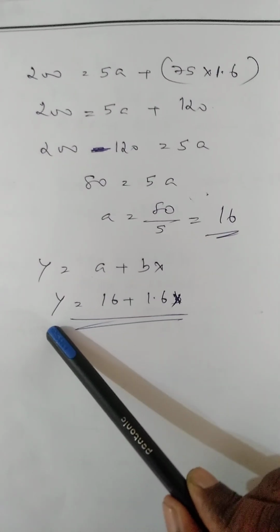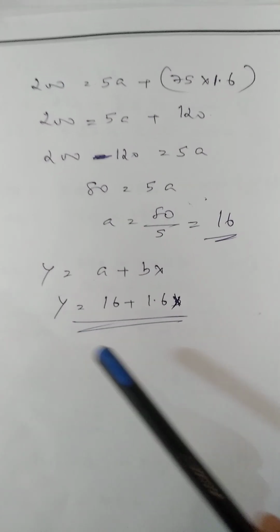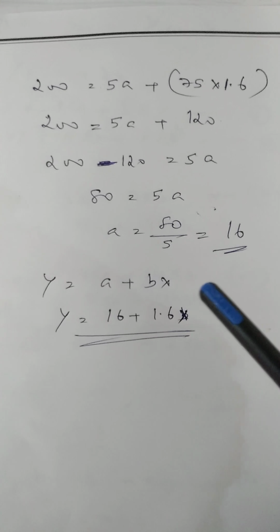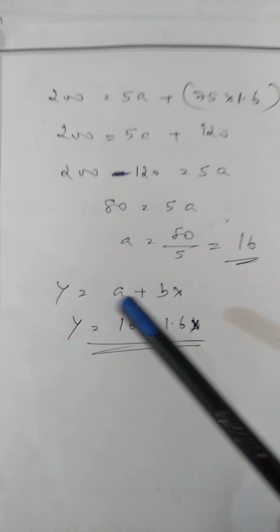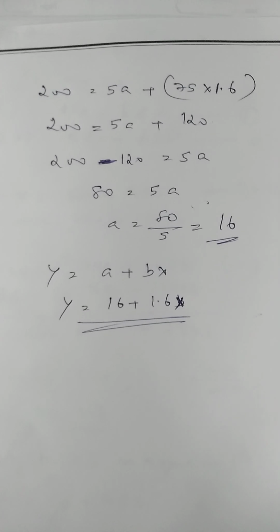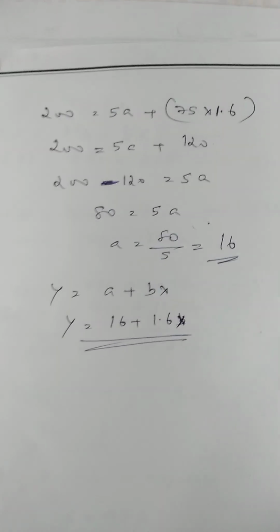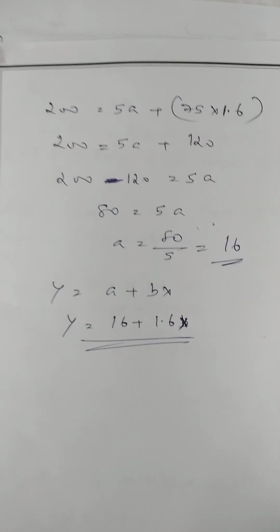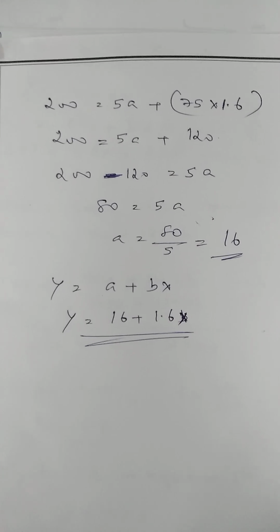Then you will get the value of supply, which is y. So by applying the value of x, you can find the value of y through this equation. So this is the second regression equation, the regression equation or regression line of y on x.